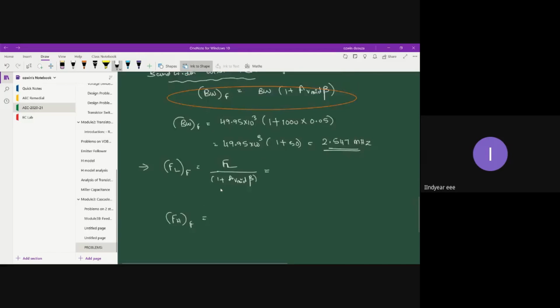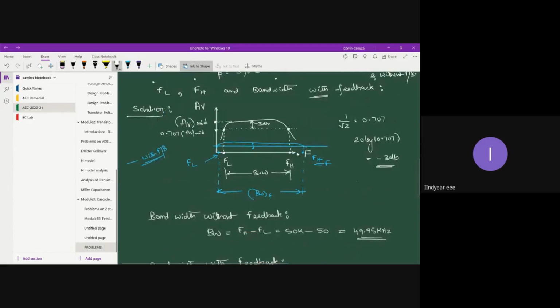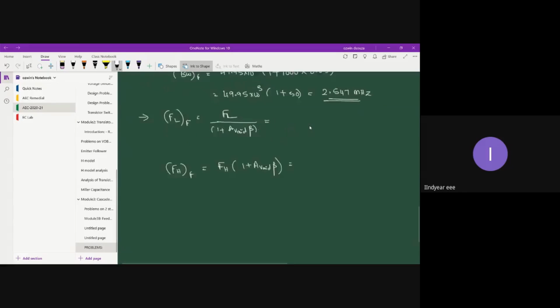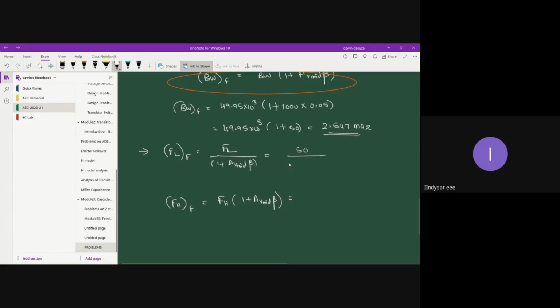On the other hand, the upper cutoff frequency gets increased with feedback. So FH you need to multiply with the feedback factor, sorry, the amplifier factor, 1 plus AV mid into beta. So the lower cutoff is 50 divided by 1 plus 1000 into 0.05, basically 50 divided by 51, that is 0.98 hertz.